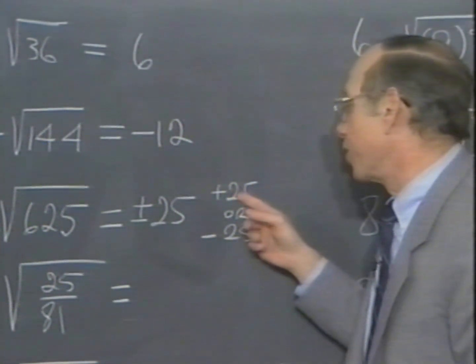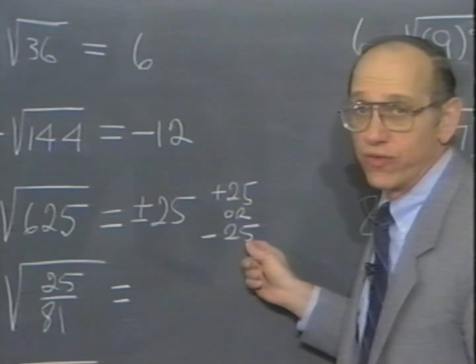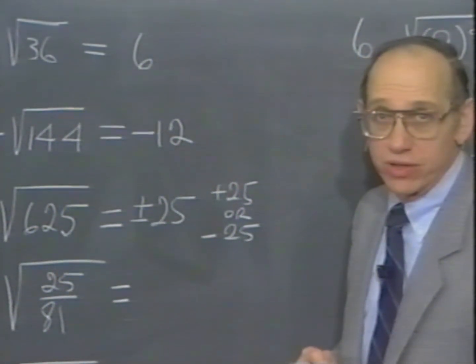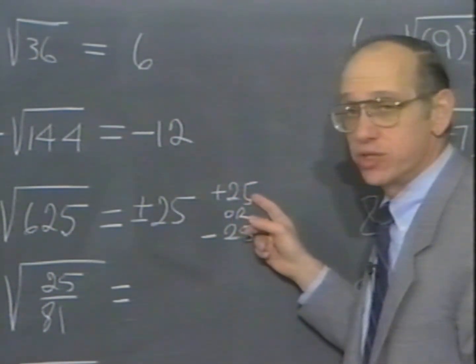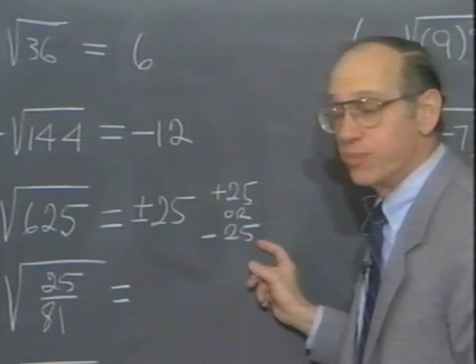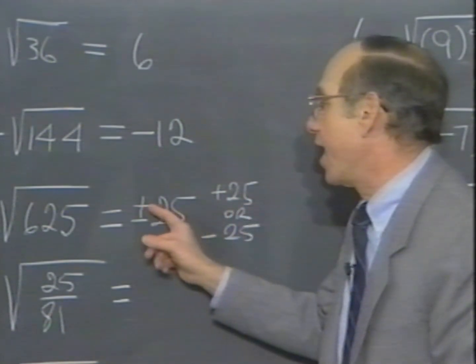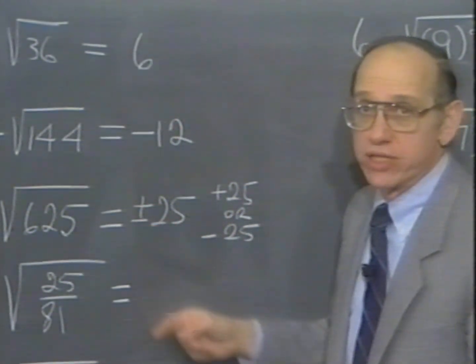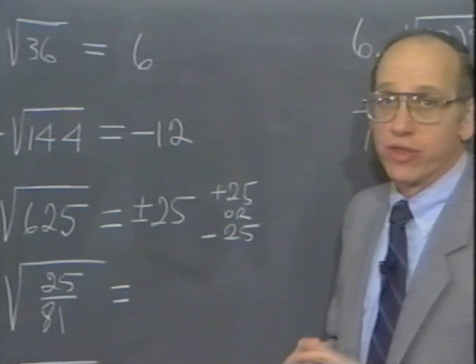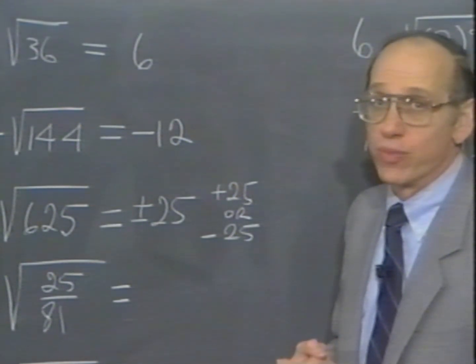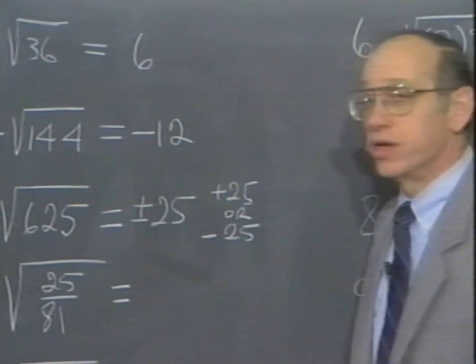But not plus 25 times minus 25, because that gives you a negative answer. Is that right? Plus times a plus is plus. Minus times a minus is plus. So either of these could serve. And this plus or minus symbol indicates that we're willing to accept either the positive or the negative number that serves as the square root of 625.